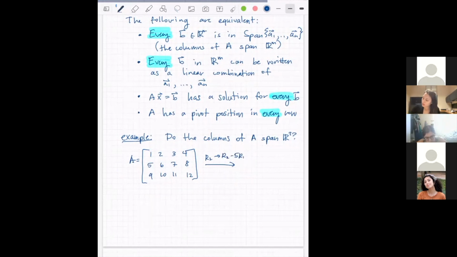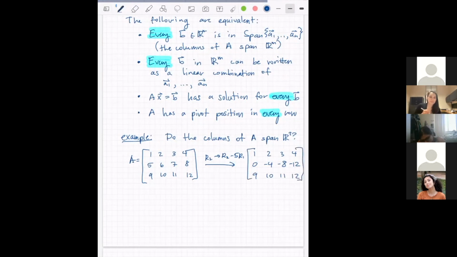Then I will get 1, 2, 3, 4, 0, negative 4, negative 8, and 8 minus 20, negative 12. And then leave the other one alone.